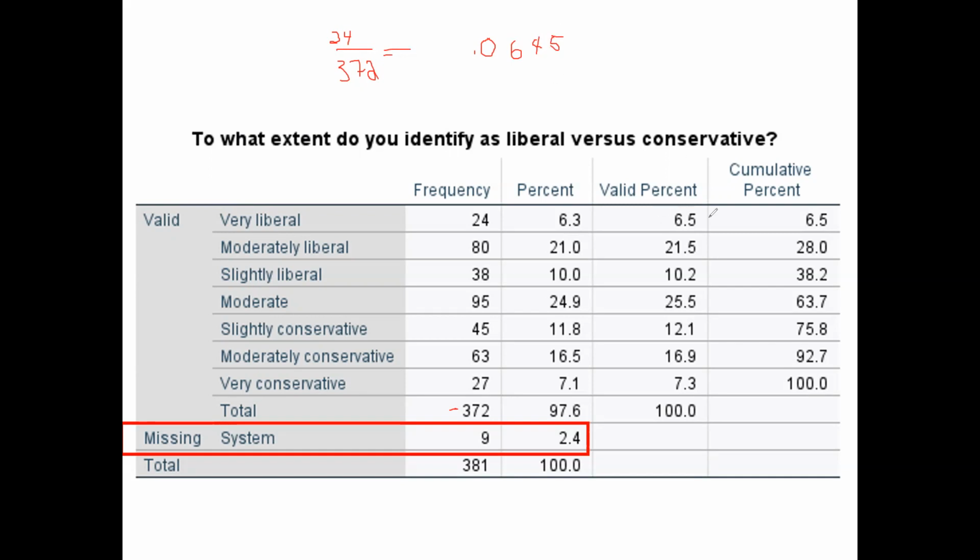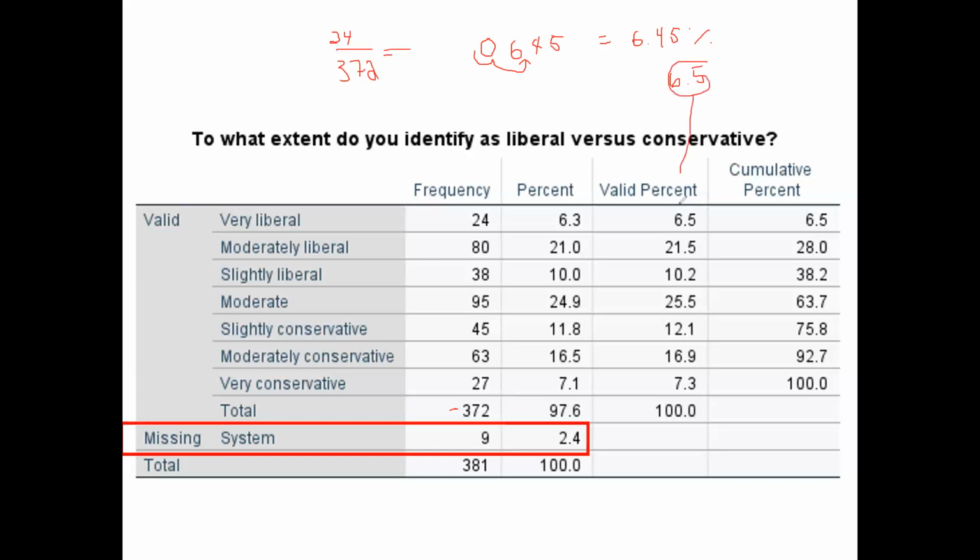All right? And what SPSS does is it has rounded it up and made a percent. So 0.0645 equals, to get a percent, we move the decimal point over 2, right? So we get 6.45%, which SPSS has rounded to 6.5, because remember, you round 5 up, right?